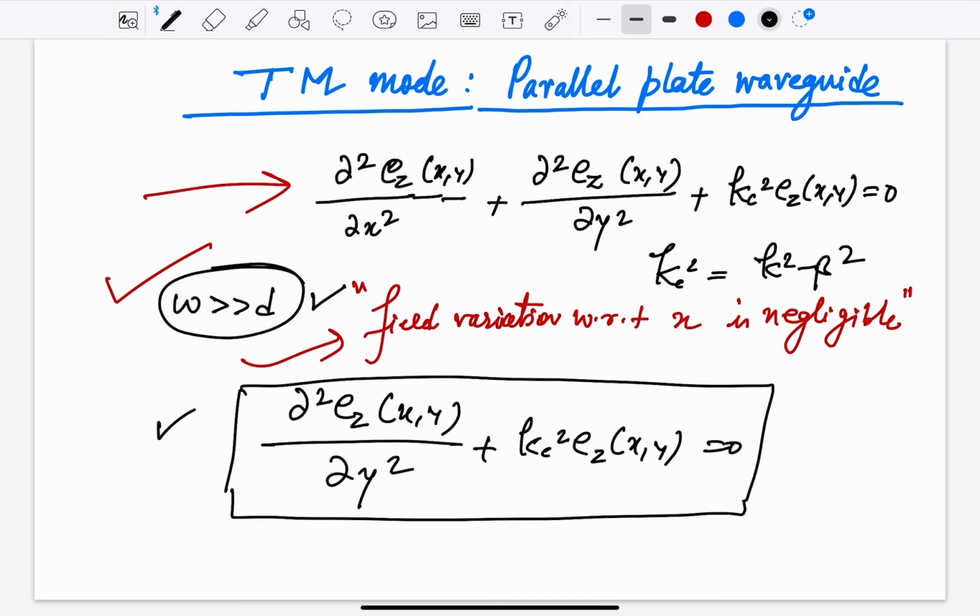So yes, this is easy. Ez at x comma 0 comma z, if you are making y equal to 0 here, you see this particular part.